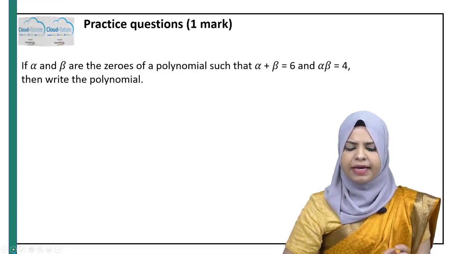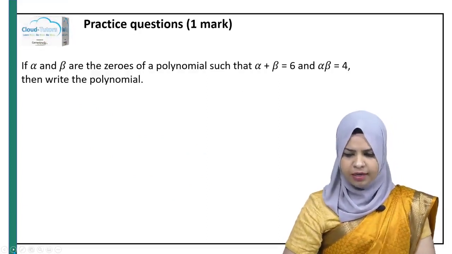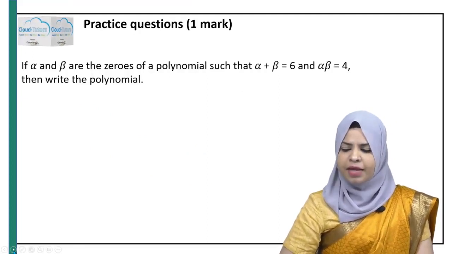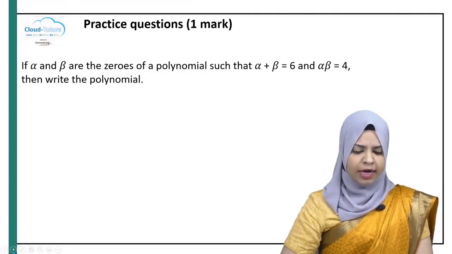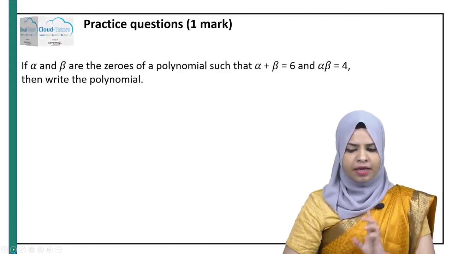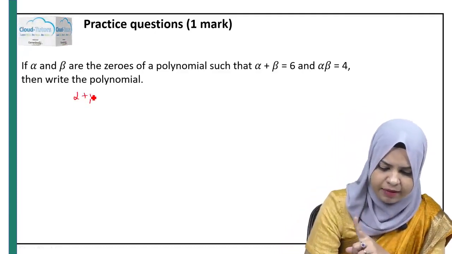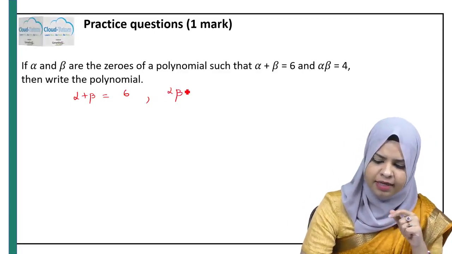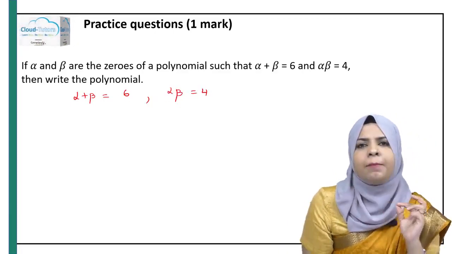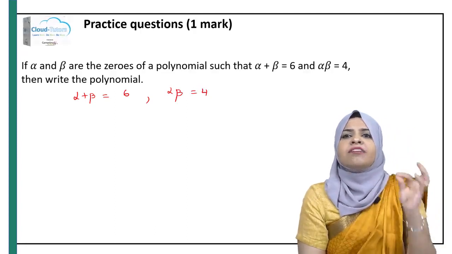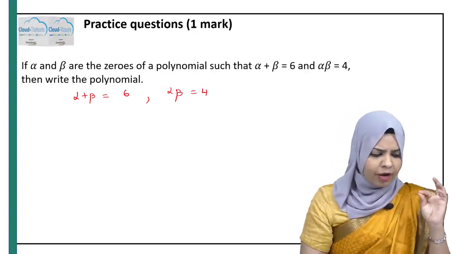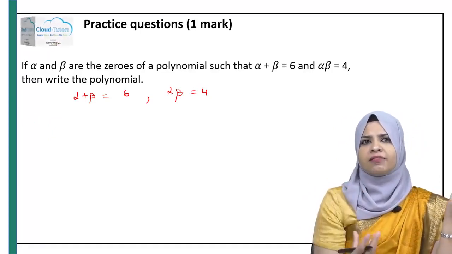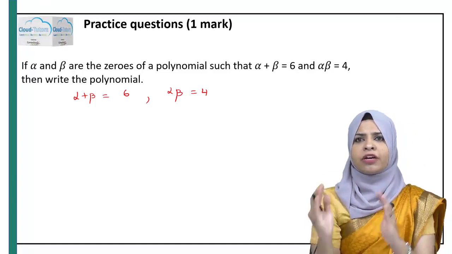If alpha and beta are the zeros of a polynomial such that alpha plus beta is equal to 6 and alpha beta is 4, then write the polynomial. Here alpha and beta are the roots, right? Alpha plus beta is equal to 6 and alpha beta is equal to 4. Please make a habit of writing what is given to you first. Now we know the generic way of writing the polynomial when the sum of the roots and product of the roots are given.